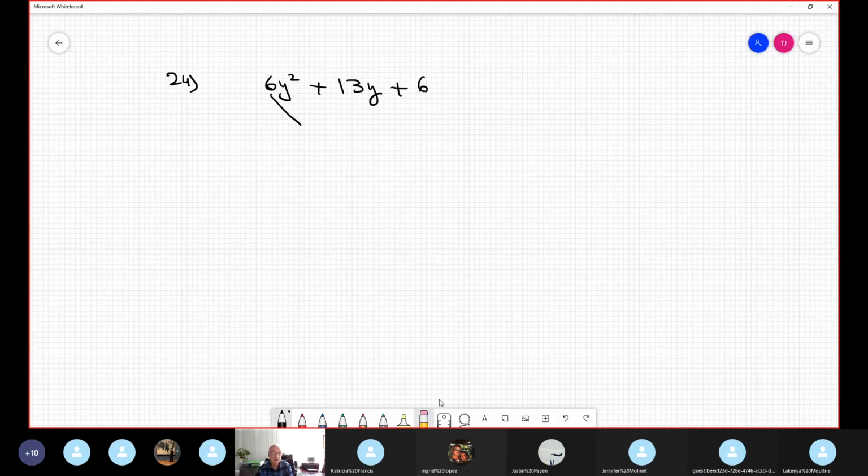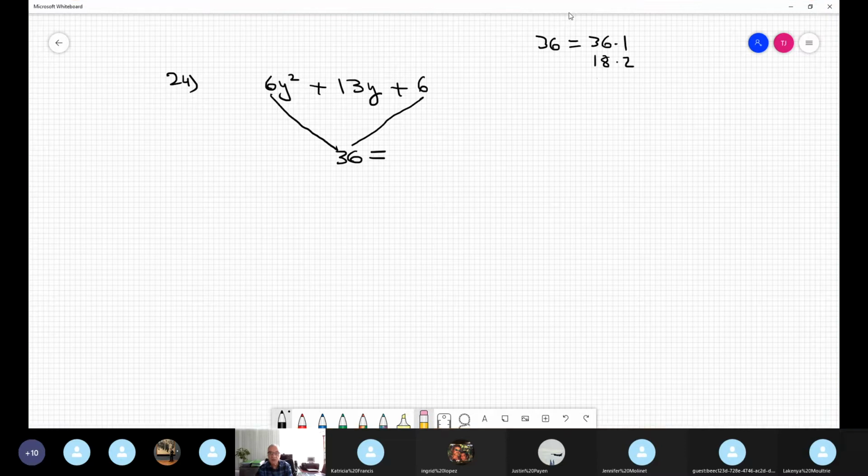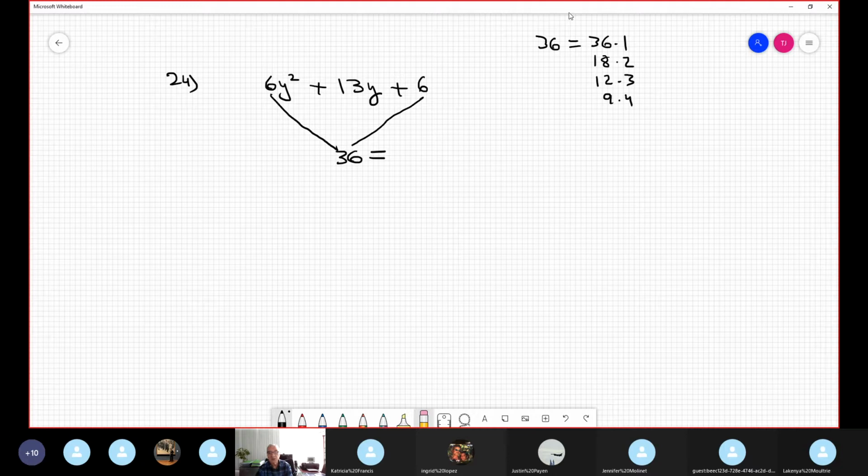In this case, you multiply this guy and this guy, which is 36. I need to find the key to open the door. I need to find two factors of 36 that somehow give me 13. 36 times 1, 18 times 2, 12 times 3, 9 times 4, and 6 times 6.